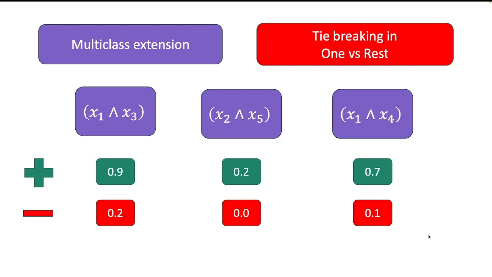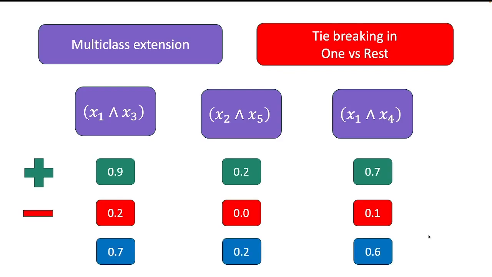And the same thing for the negative examples: what fraction of my negative examples satisfy that clause? Obviously we want positive examples to satisfy that clause and negative examples to fail it. So I just took a simple combination, the difference between positive and negative accuracy, and that is the weight of a clause.